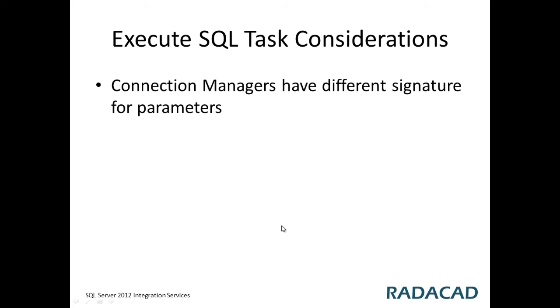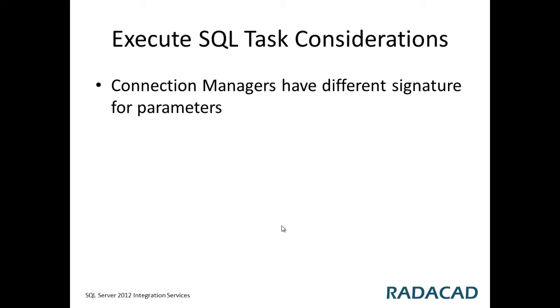So for execute SQL task, you need to consider something. First of all, and the most important one, is that connection managers have different signatures for parameters. This is very important. For example, if you use ADO.NET connection managers, you will have a different kind of parameter marker and different parameter names.